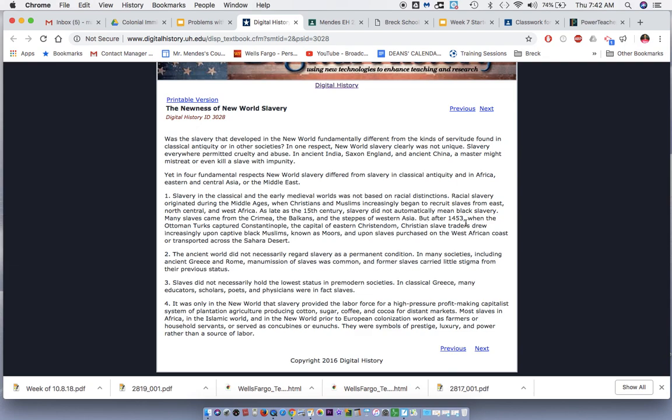But after 1453, when the Ottoman Turks captured Constantinople, the capital of Eastern Christendom, Christian enslaved traders drew increasingly upon captive black Muslims known as Moors, and upon enslaved people purchased on the West African coast and transported across the Sahara Desert.